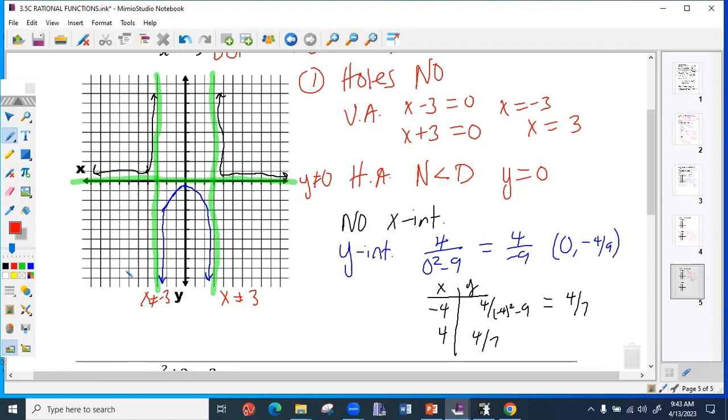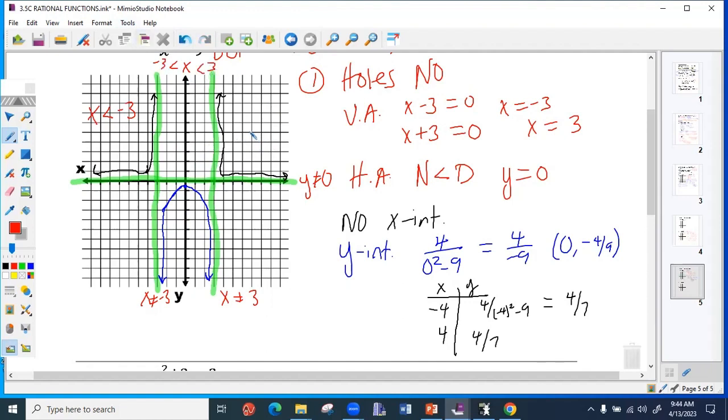On your homework, it's probably going to ask you to write it as an inequality also. When I'm writing this as an inequality, this is saying that x is less than -3, because that's to the left of -3. In the middle, that's telling me that x is between -3 and +3.